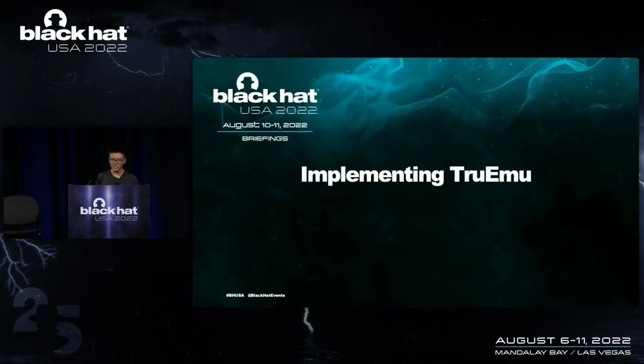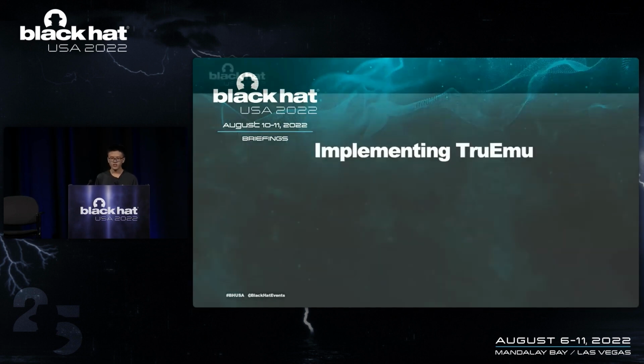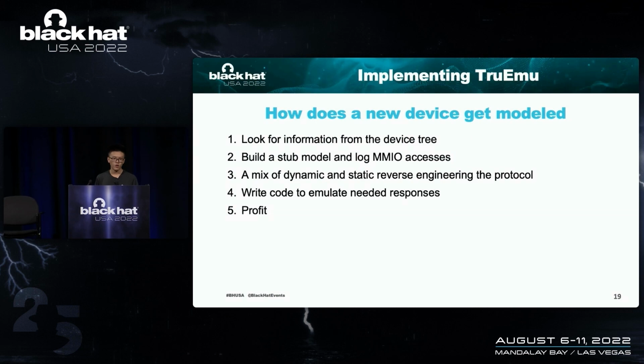So how did we do that? Well, there are a lot of challenges, and we will walk you through the general ideas. So how does the new device get modeled? Well, first we will look for the information in the device tree. Then we'll build a stub model, so a model that does nothing, but basically logs every access by every instruction from the CPU.